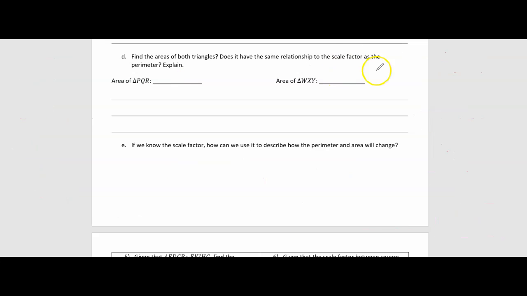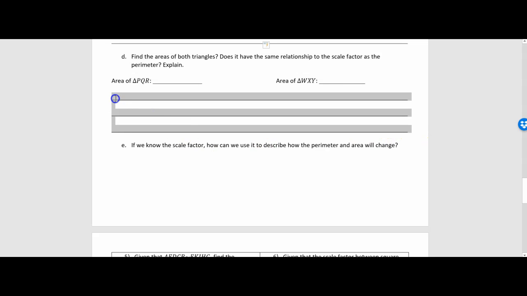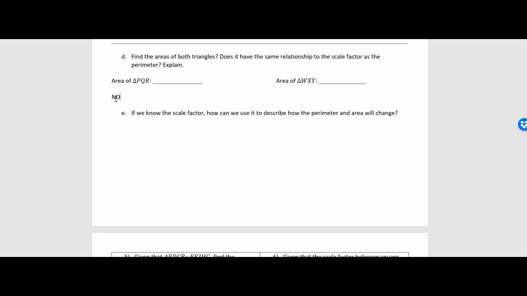So let's put this into words. To find the new area, we need to multiply by the square of the scale factor, not just the scale factor itself.